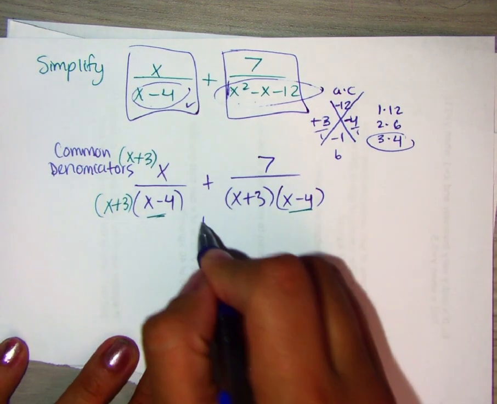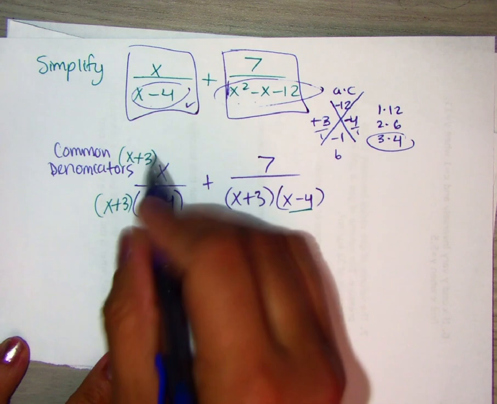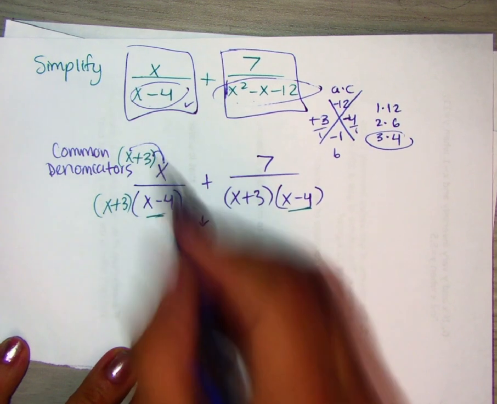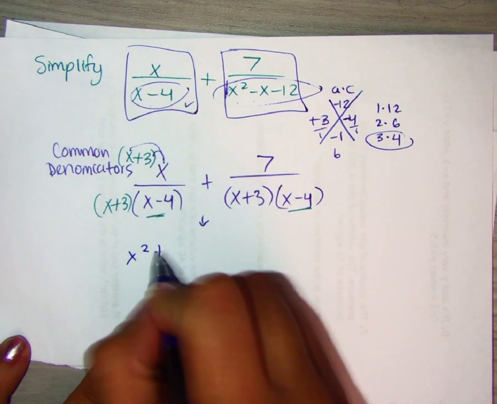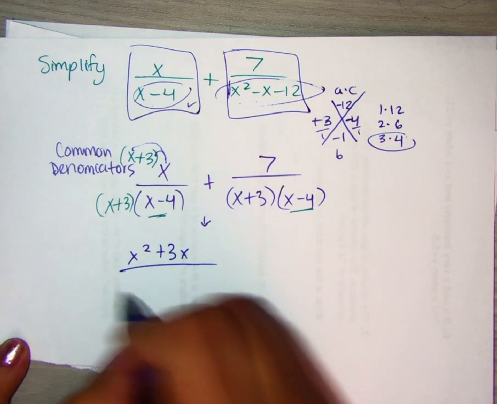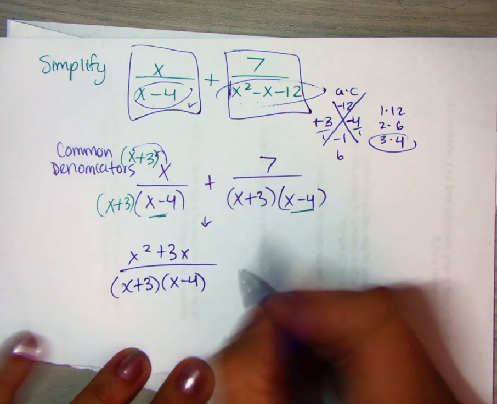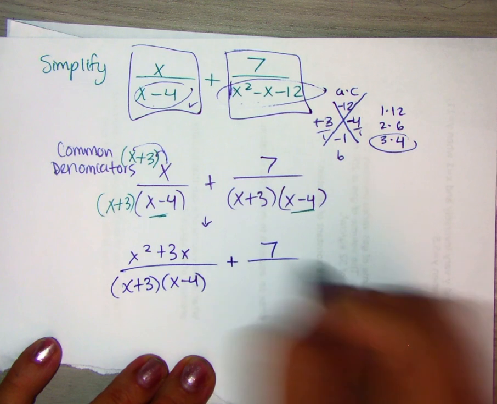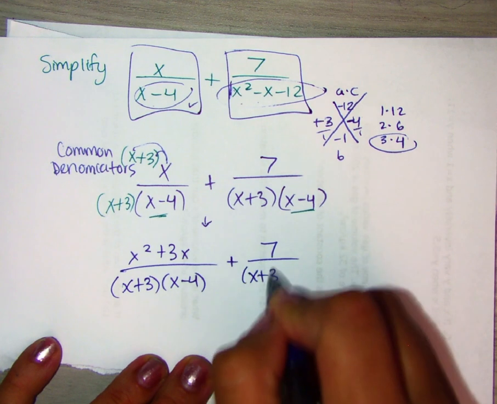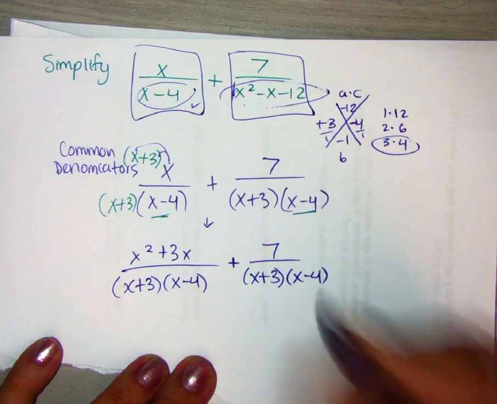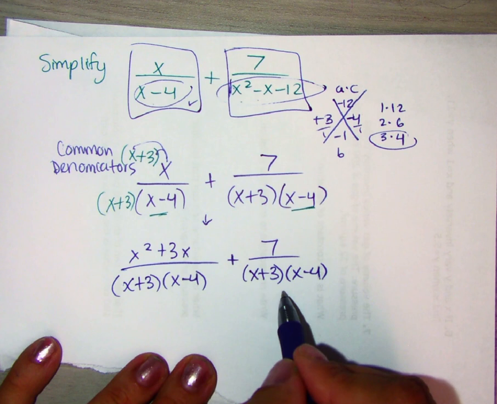And we rewrite what we have now. So that will be x times x and x times 3. So that's x squared plus 3x over x plus 3 times x minus 4, plus 7 over x plus 3 times x minus 4. Now we can say that they're common denominators.